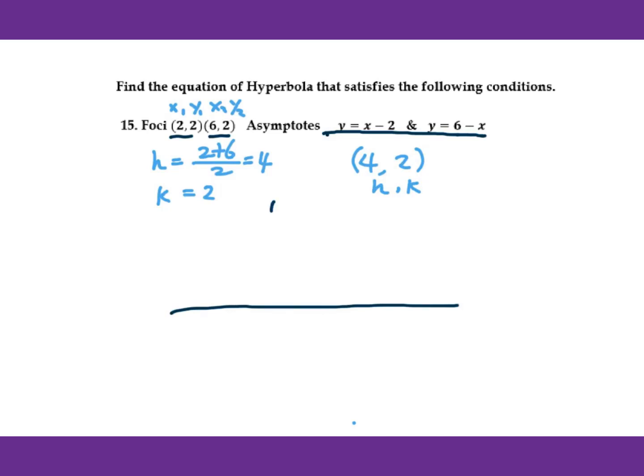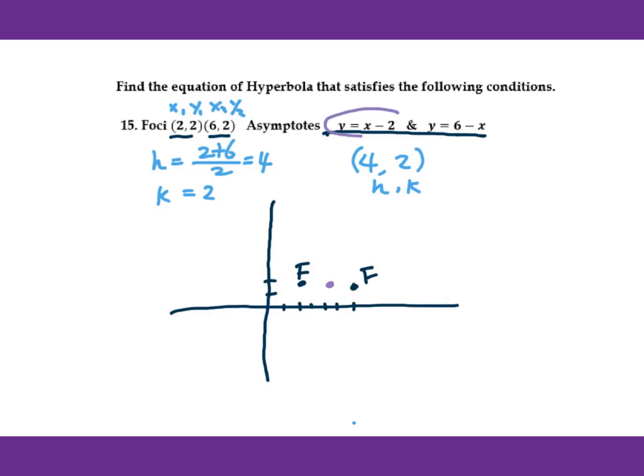Now we set up a coordinate plane to find the foci and asymptote line. 4, 2 will be the center.